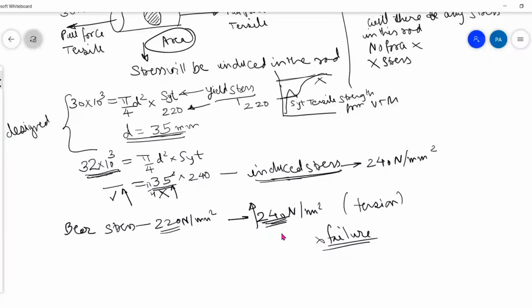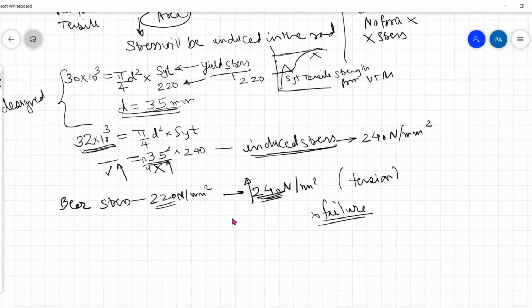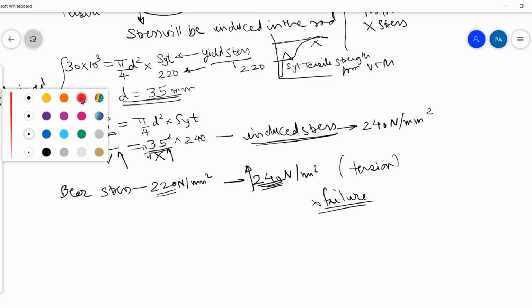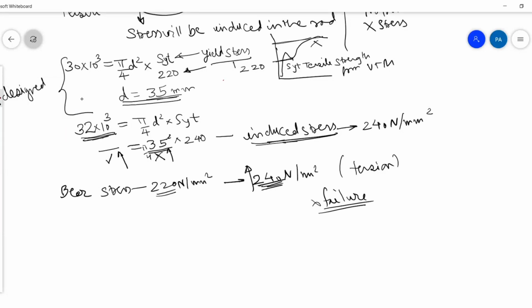Now if we don't want this situation to happen, then what will we do? Instead of designing it at 220, we will say that SYT is equal to 220, factor of safety is equal to 2.